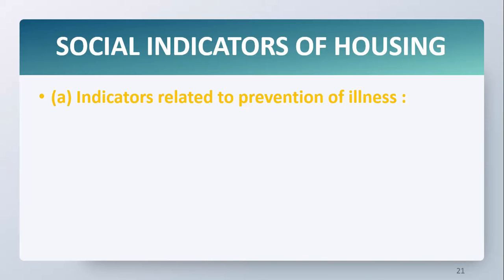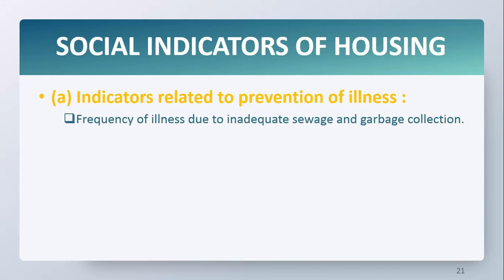The indicators related to prevention of illness were proposed at an interregional seminar on social aspects of housing organized by the UN in 1975.